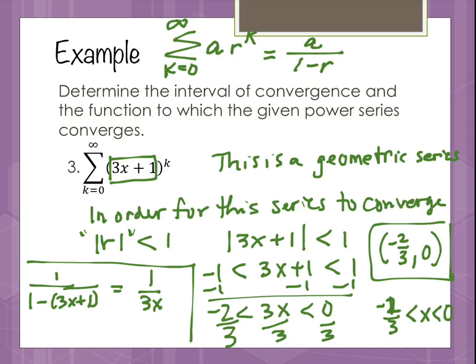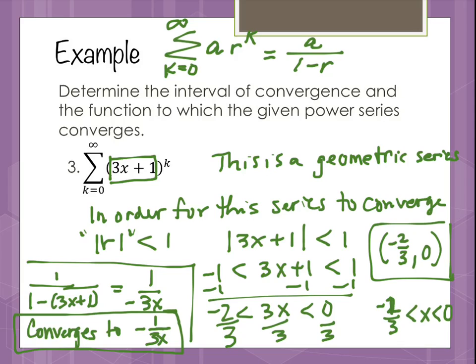Where's the negative? Oh, because of the negative 3. The negative 3 from the negative 3x gives this negative. So this power series converges to negative 1 over 3x.